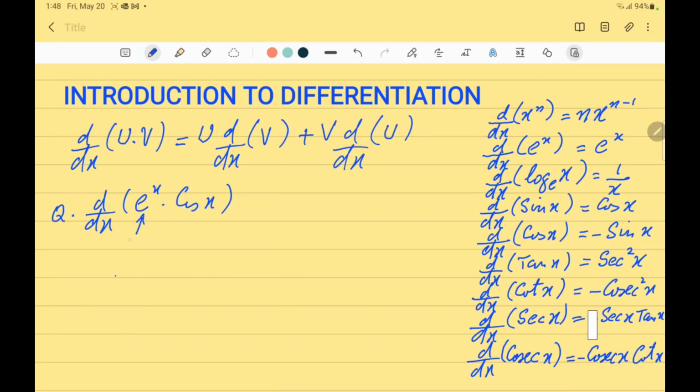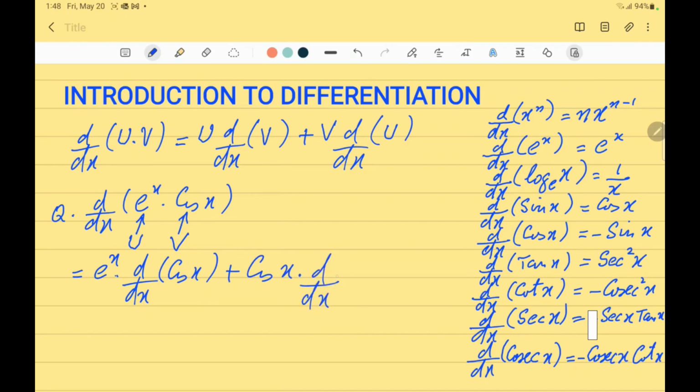Again, this e to the x is in place of u and this cos x is in place of v. We have to write u first, which is e to the x, and then multiply it with the differential of cos x, plus again we have to write v, which is cos x, and then multiply it with the differential of u, which is e to the x.